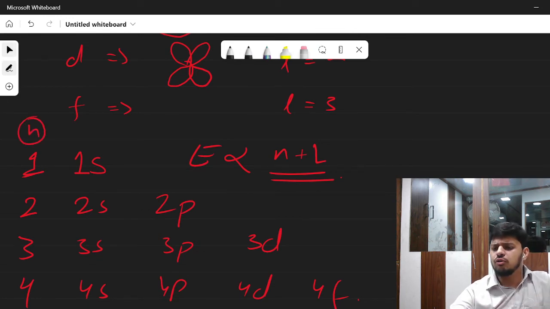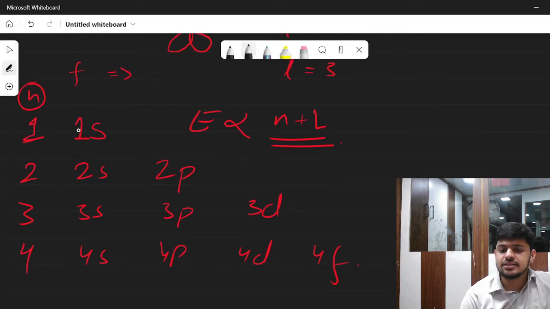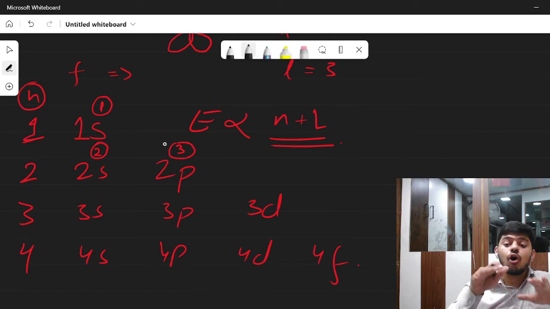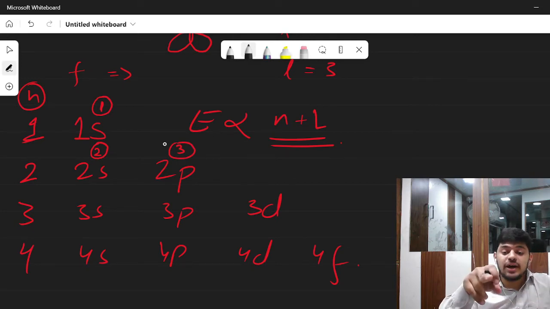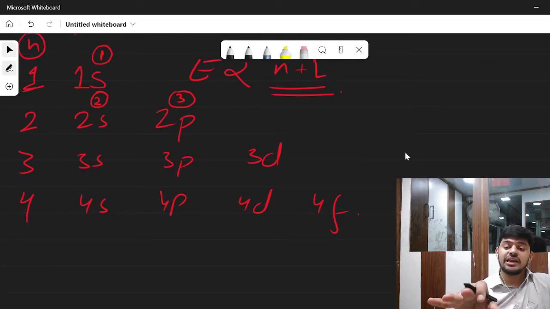This has 1 plus 0, only 1, so this energy is 1. This is 2 plus 0, 2. And 2 plus 1, 3. So what is the order of energy of 1s, 2s and 2p? Tell me, guys. What will be the order of energy of 1s, 2s and 2p?